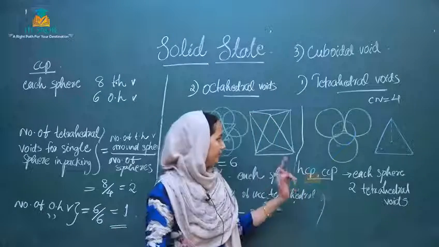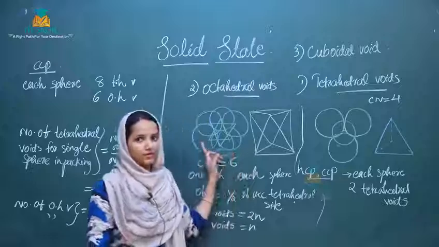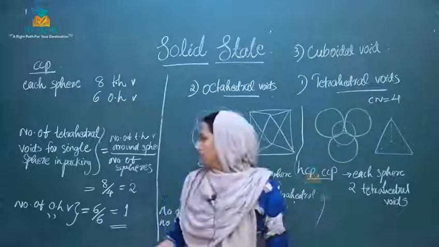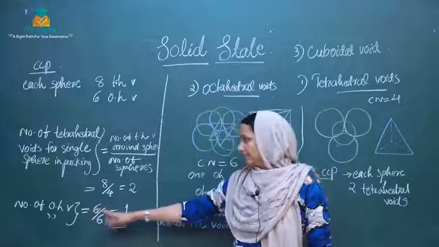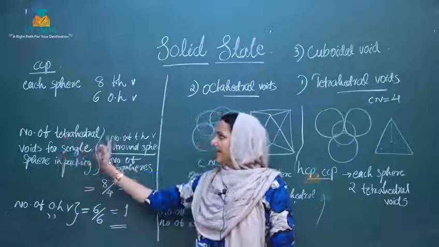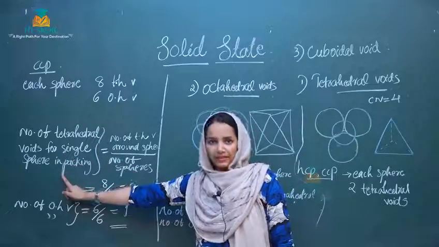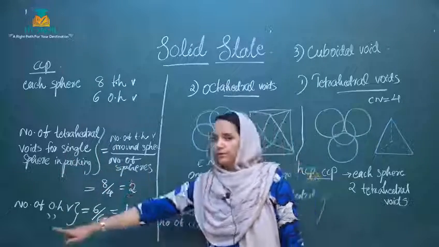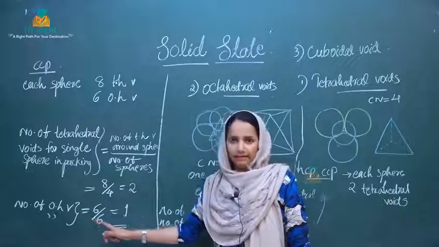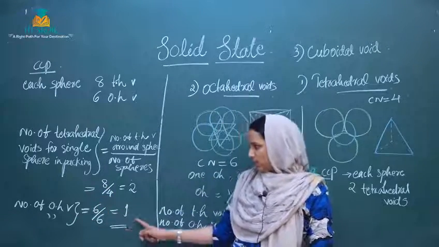Just now I told you we need 6 spheres for forming an octahedral void. So 6 by 6 is equal to 1. So the number of tetrahedral voids for a single sphere in packing is equal to 2, and the number of octahedral voids for a single sphere in packing is equal to 1.